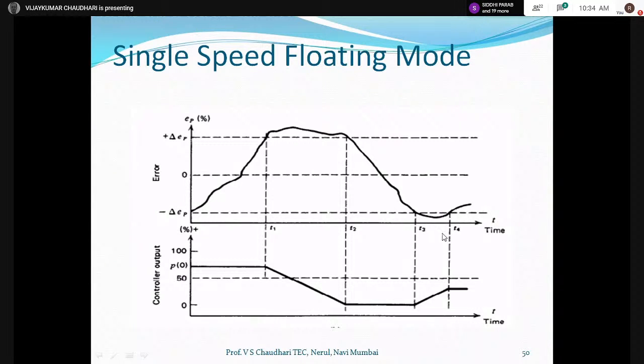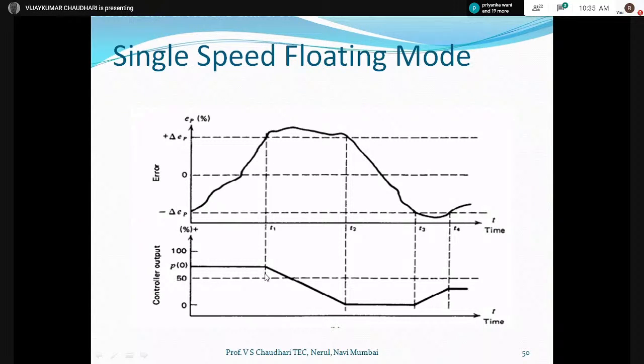As soon as it drops below the neutral zone, the rate becomes plus k because it is reverse acting, and output starts increasing with a rate of dp by dt equal to plus k, and will continue to increase until again the error enters the neutral zone. Then it continues with that value. That's why this is called a floating control. We can't predict the value of the controller output with change of the error.